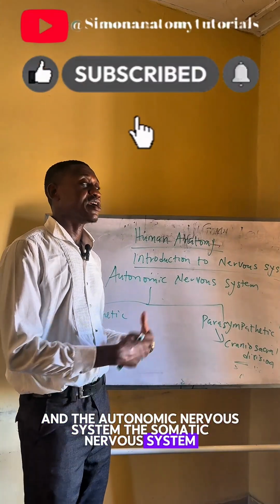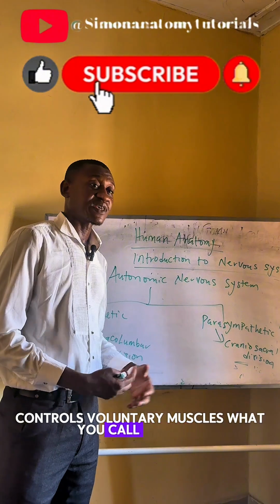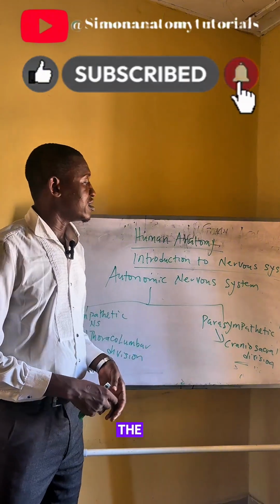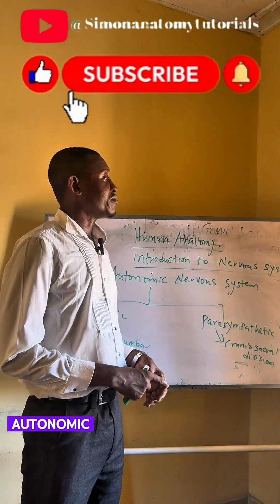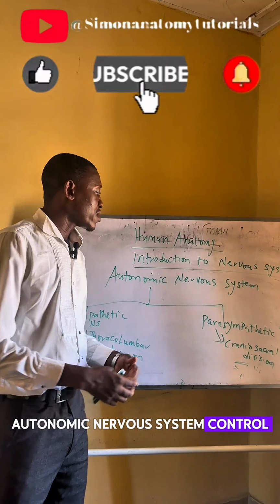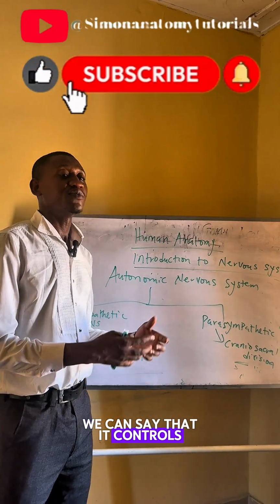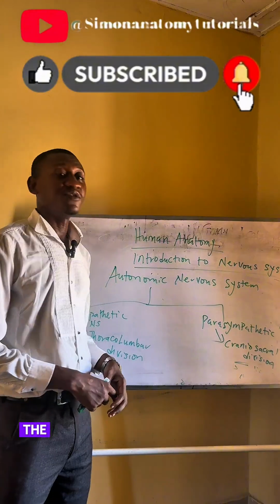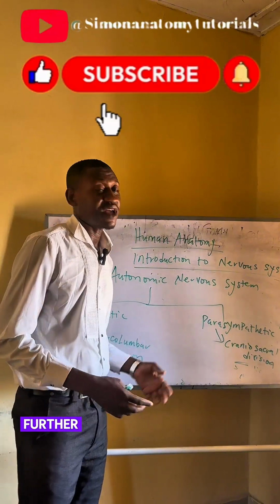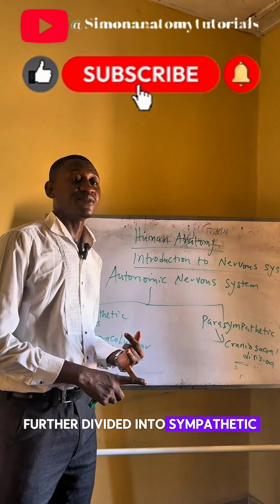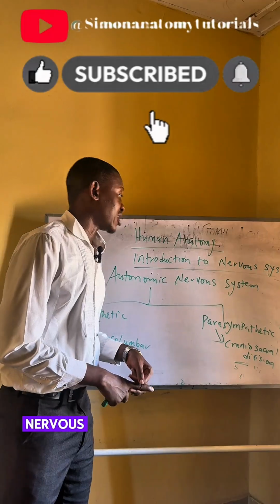The somatic nervous system controls voluntary muscle, what we call skeletal muscles, while the autonomic nervous system controls involuntary activities, or we can say that it controls smooth muscles and glands in the body. The autonomic nervous system is further divided into the sympathetic and parasympathetic nervous systems.